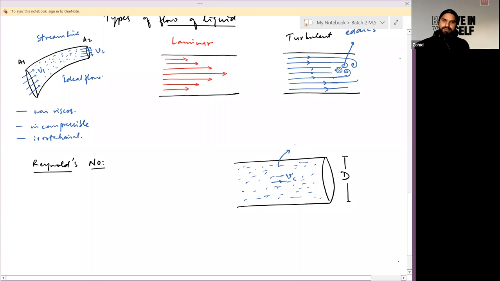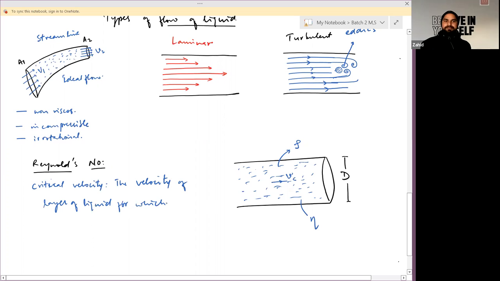Density of liquid is rho and coefficient of viscosity is eta. So first, what do you mean by critical velocity? The velocity of a layer of liquid for which flow will be streamlined.